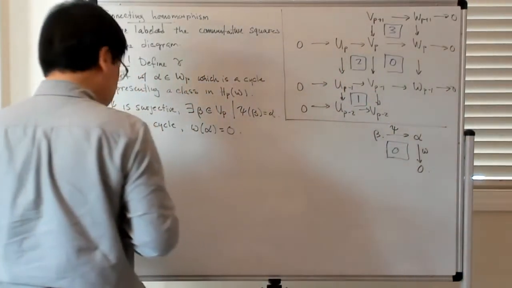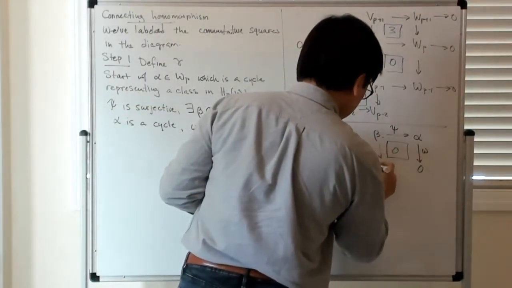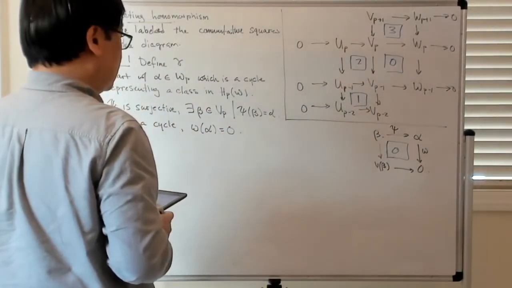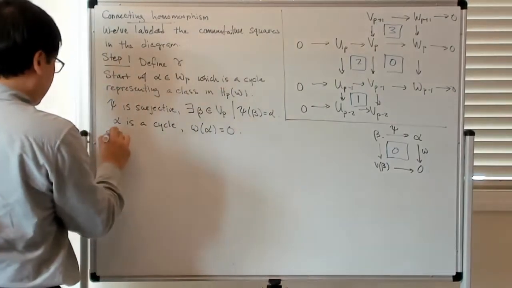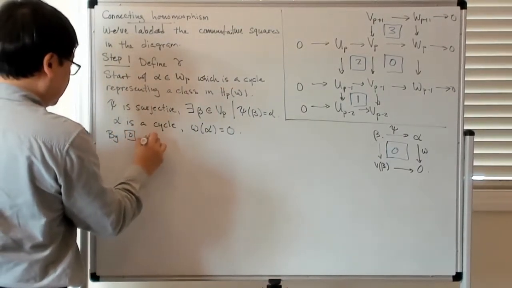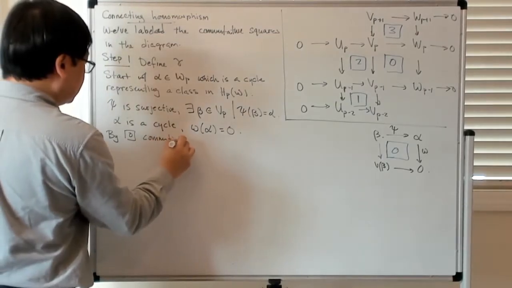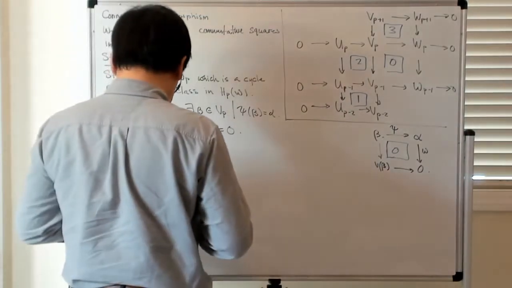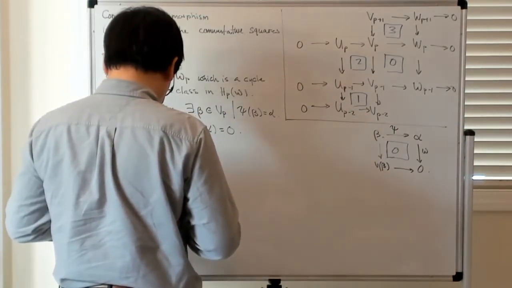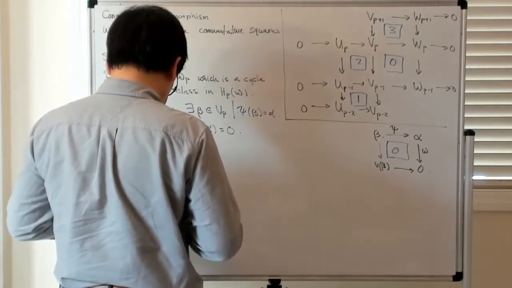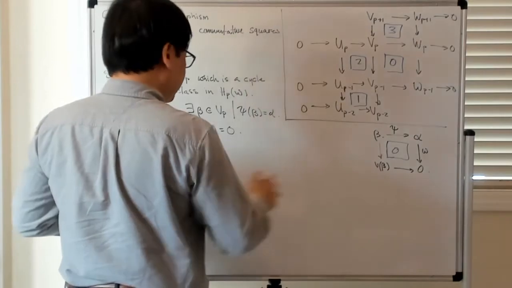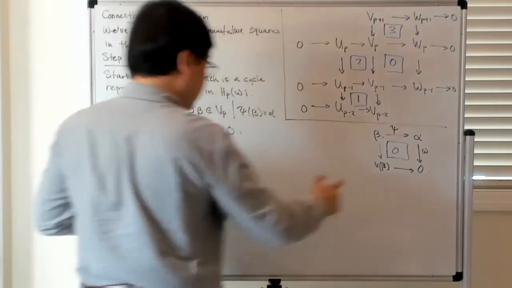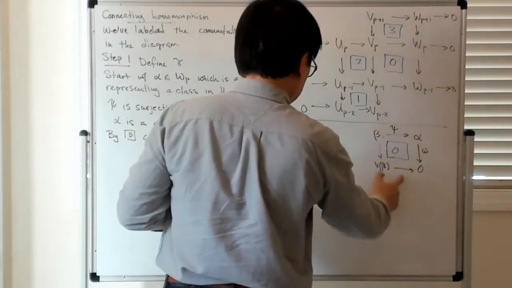I'm sorry, this of course clearly maps to V of beta. So by this block commuting, the boundary of beta, which is V beta, maps by the chain map to 0.